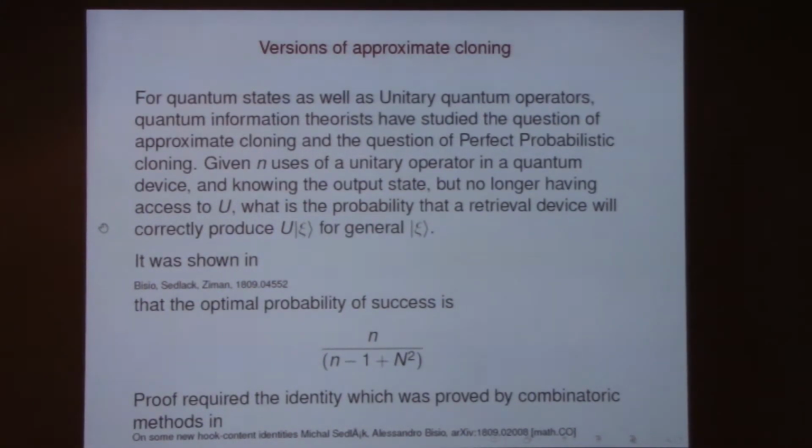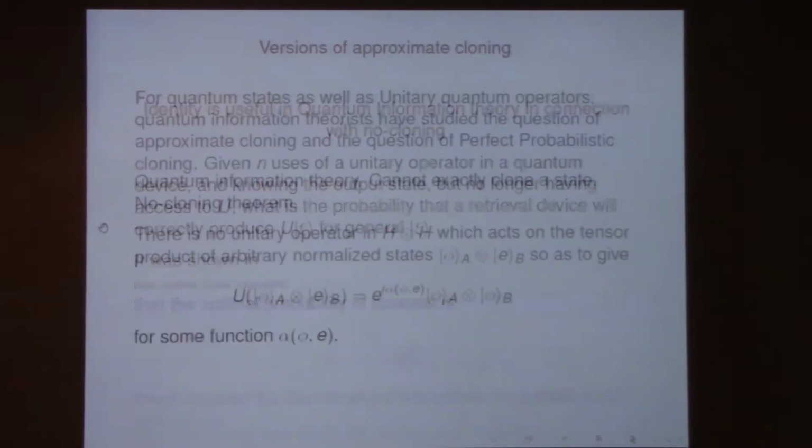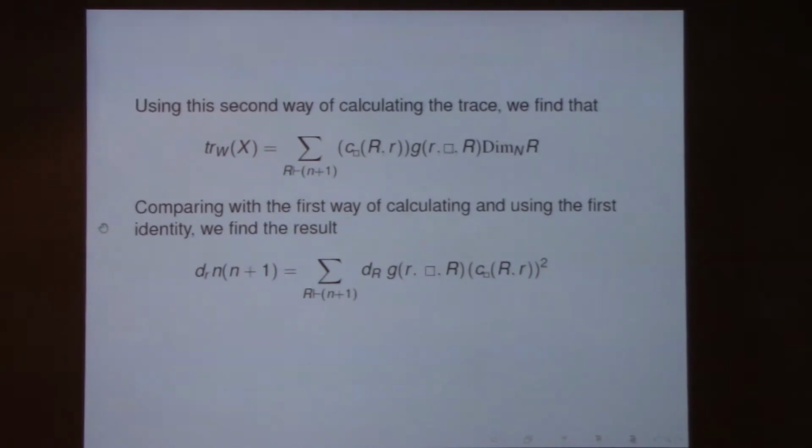It will depend on how many times you have used your unitary operator in this initial storage device, and it will depend on the size of the Hilbert space, capital N and little n. And the optimal probability of success these guys proved is this thing. And in order to prove it, they required this identity.